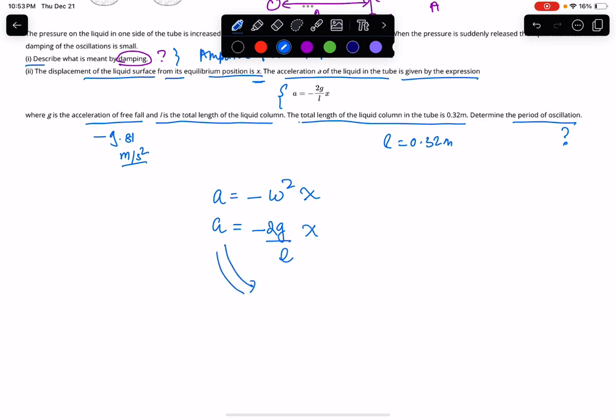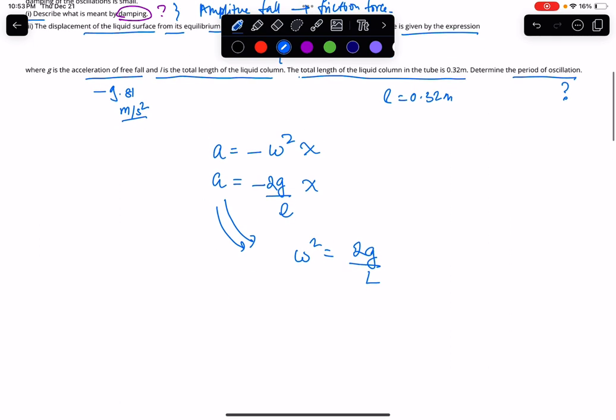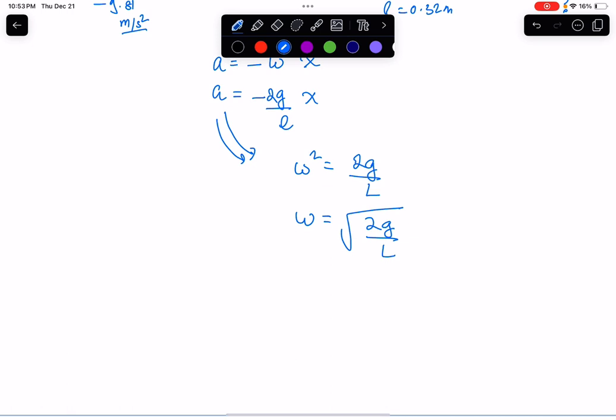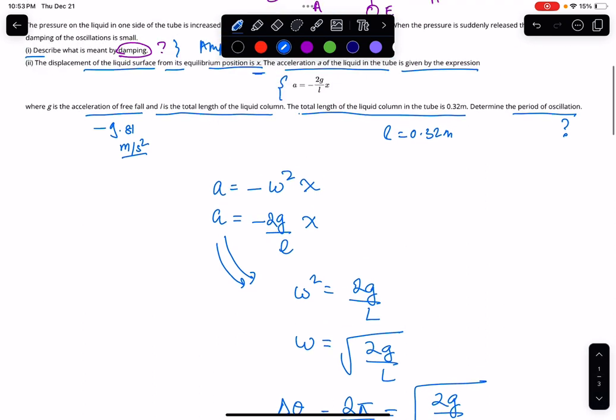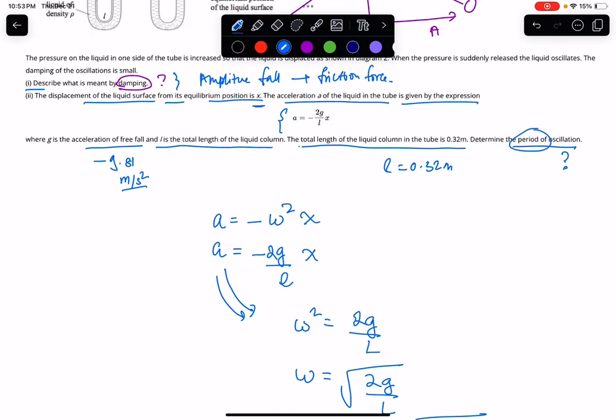If we put 2 and 2 together, omega squared is equal to 2g by L, and thus omega is the square root of 2g by L. Omega, your angular velocity, is the change in theta over change in time, which just becomes 2 pi divided by the time period T. And this becomes the square root of 2g by L, right? Once we get all of this together, we can determine the period of the oscillation.